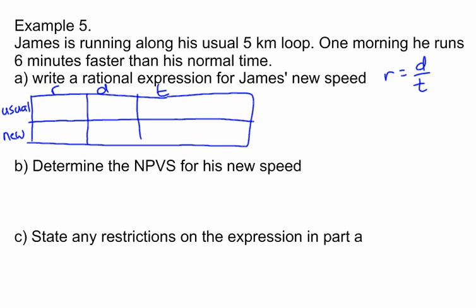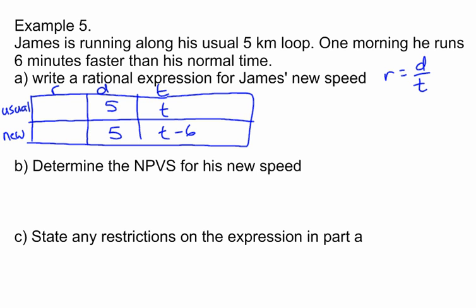Okay. So what do we know? What do they give us? Distance. What's the distance? 5. It's always 5 kilometers. It says write rational expressions for his speed. So we want the distance divided by his time. So his usual time we'll call t. And so what's his new time if he's 6 minutes faster? t minus 6.